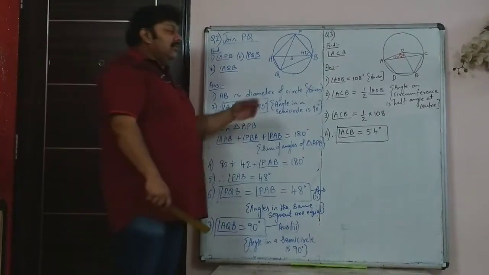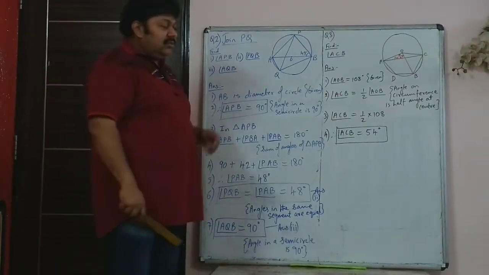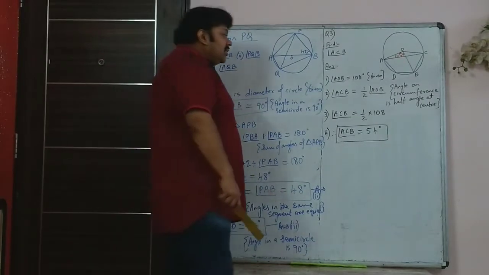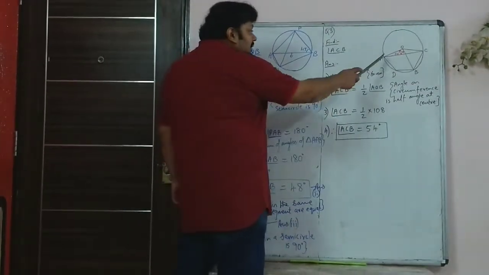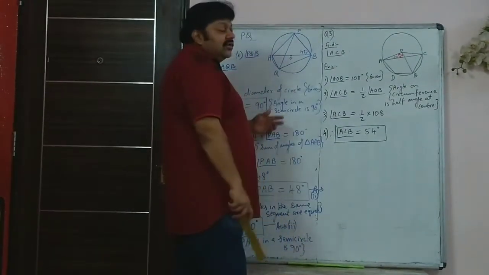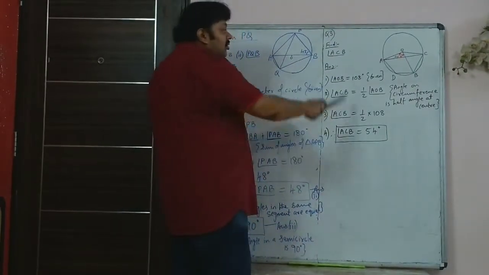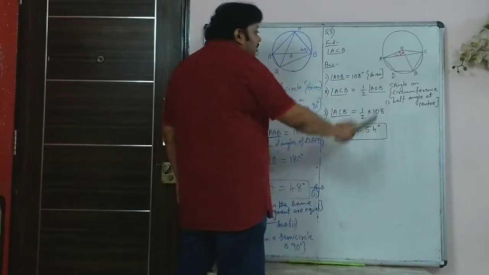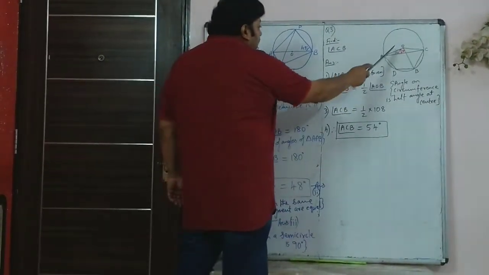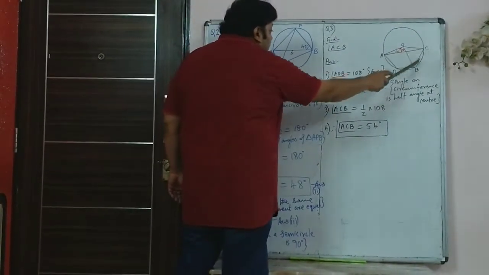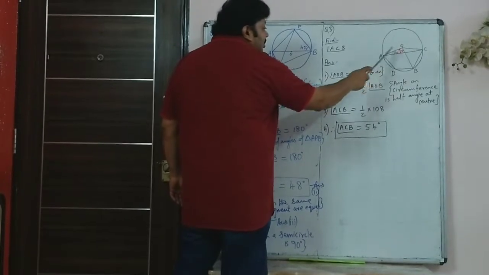Then the third sum, it is direct, it won't come for 3 marks. It is just a small part. You are given angle AOB. O is the center of the circle and angle AOB is 108 degree. So you are asked to find what is angle ACB. AOB and ACB have the same endpoints AB.